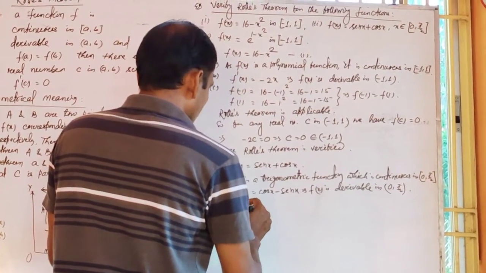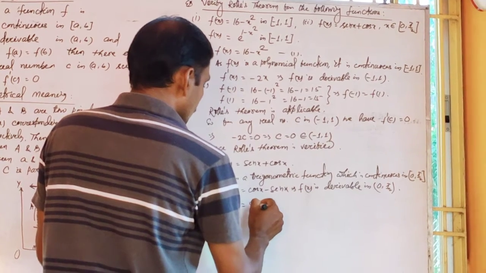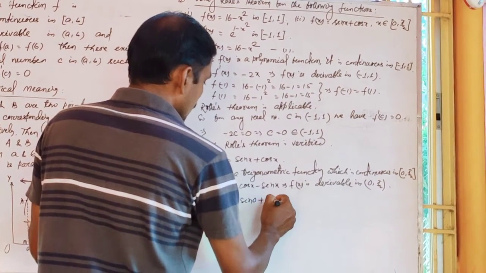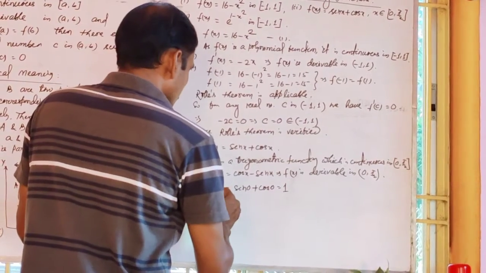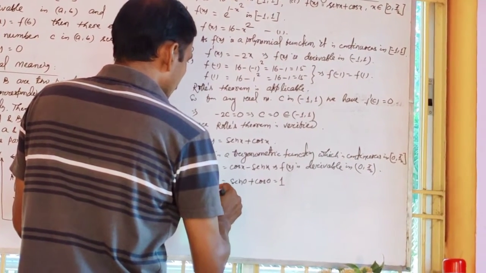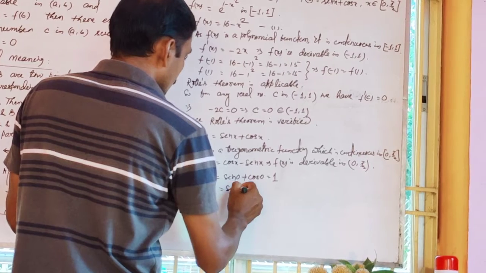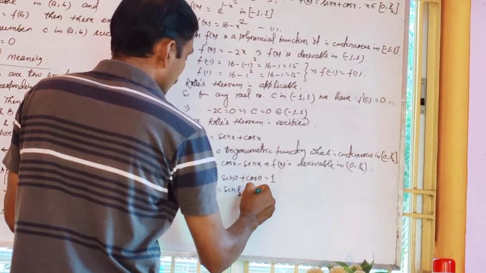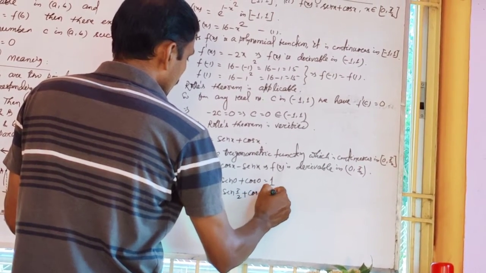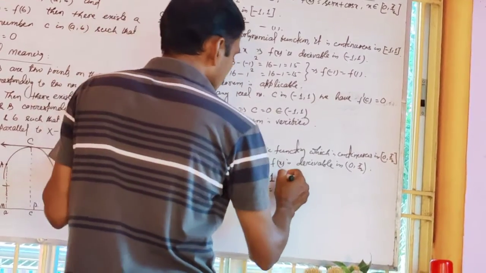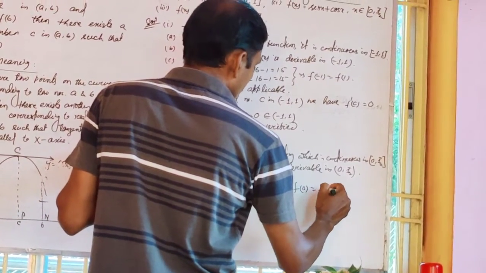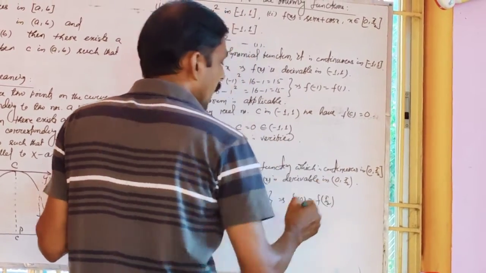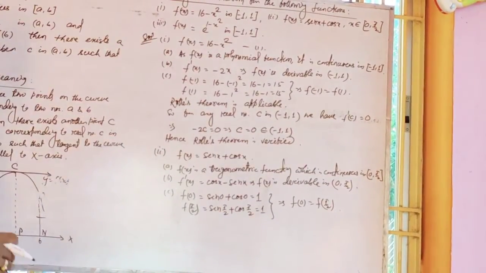Then f of 0 is sin 0 plus cos 0, this is 1, and f of pi by 2 is sin pi by 2 plus cos pi by 2, this is also 1. That means f of 0 and f of pi by 2 both are equal.